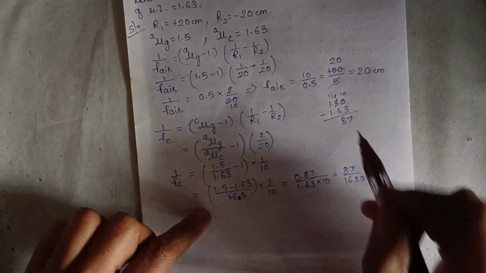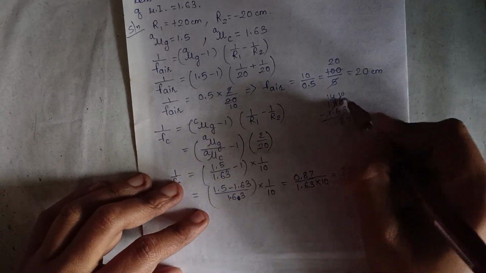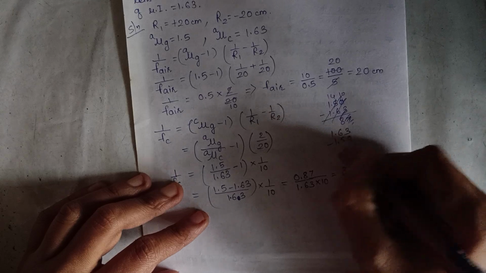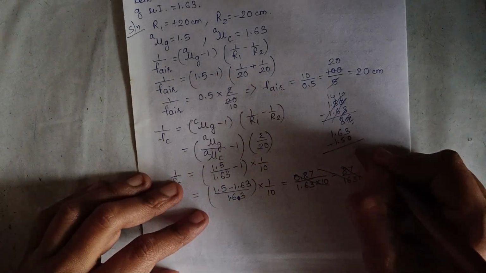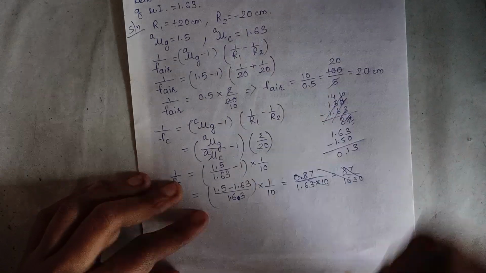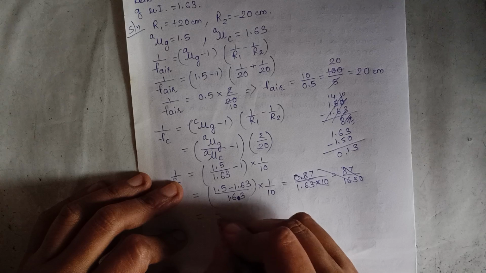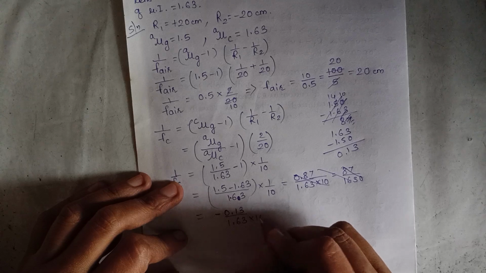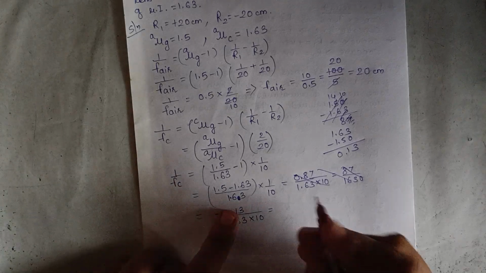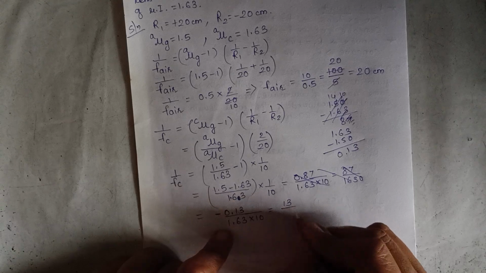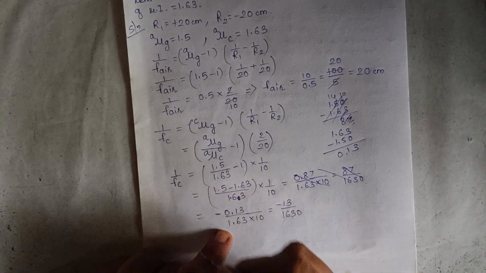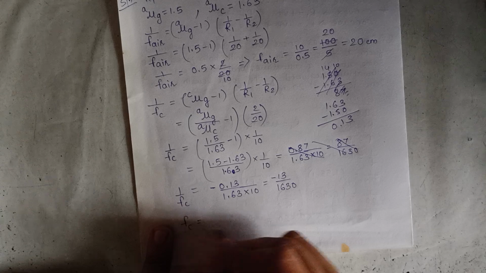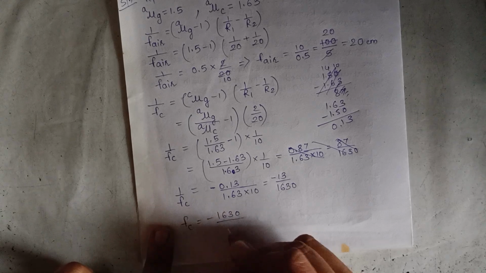Oh, sorry, I've done it the wrong way round. This is negative. 1.63 minus 1.50 you have to do. 0.13, minus 0.13. These points I can remove. Minus. So this is minus 1630 upon 13.